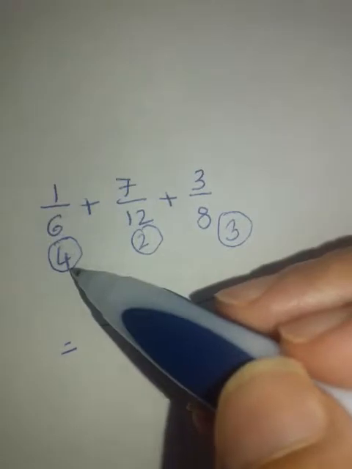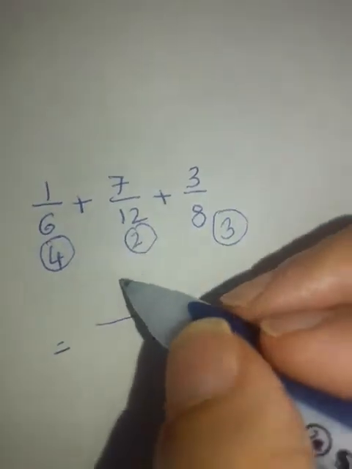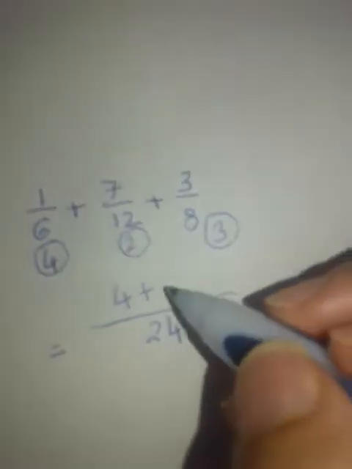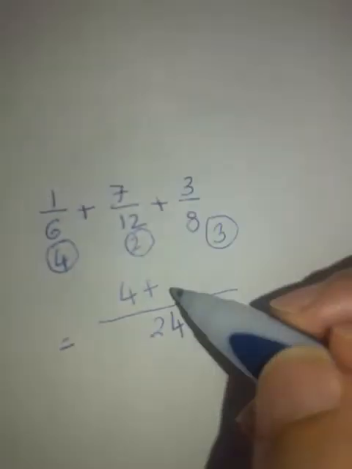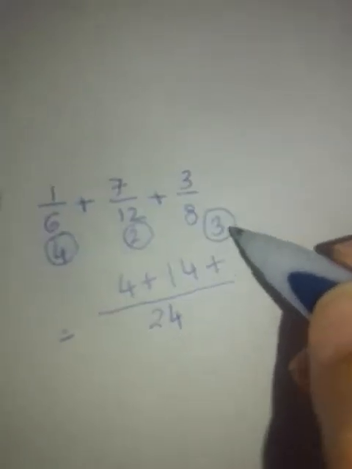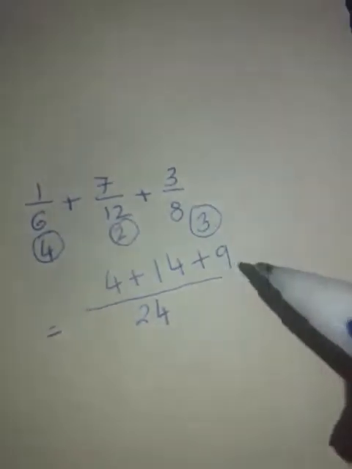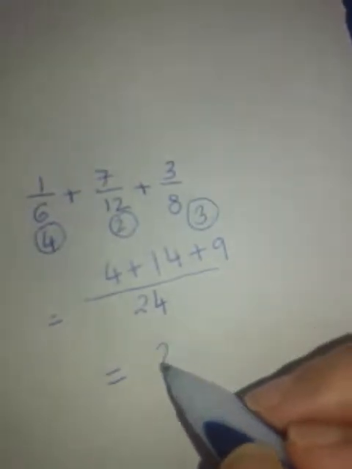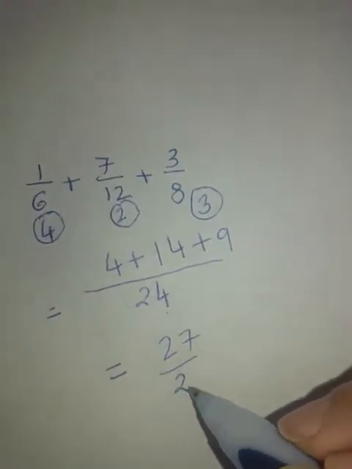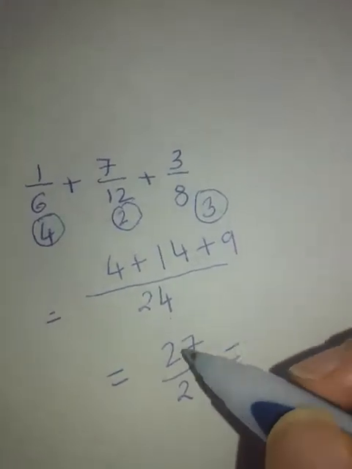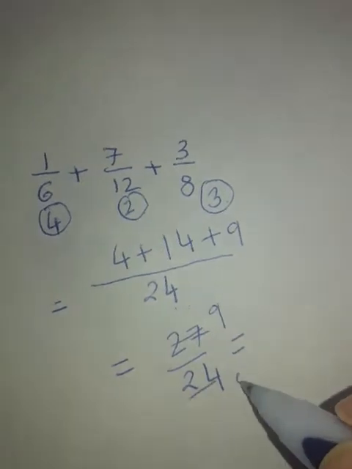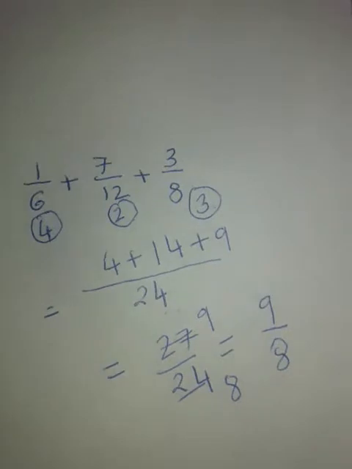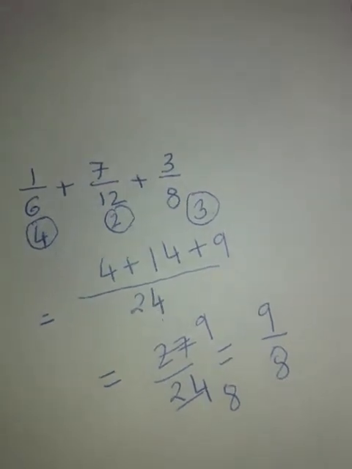Multiply the numerator by this circled number. 4 1s are 4, 2 7s are 14, 3 3s are 9. This is 27 upon 24, can be further reduced. 3 9s and 3 8s, so it is 9 upon 8. Answer is 9 upon 8.